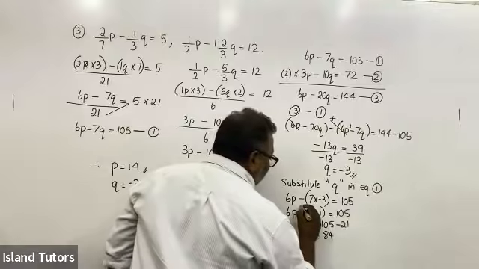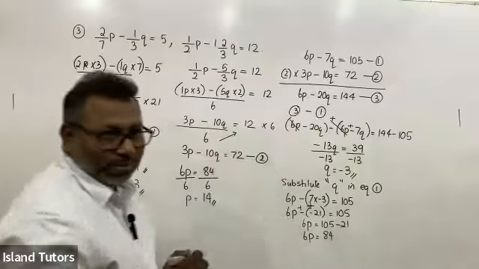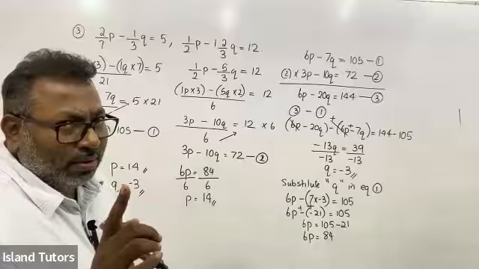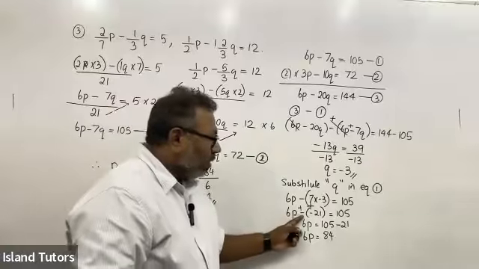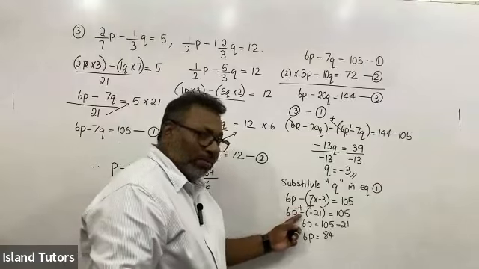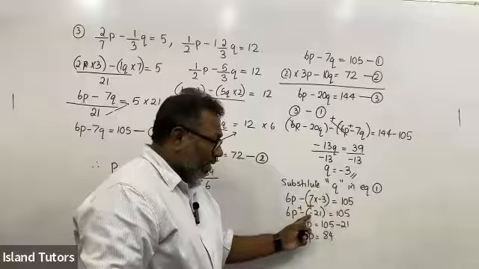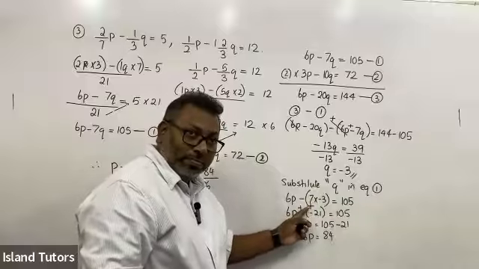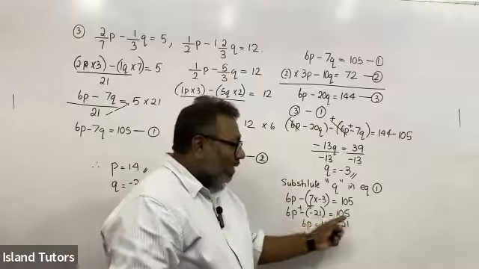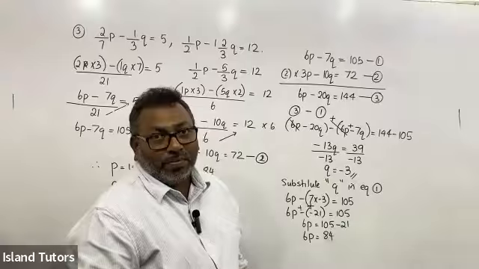So minus becomes plus, this also becomes plus. When you do subtraction of directed numbers, plus becomes minus, minus becomes plus, minus 21 becomes plus 21. So the plus 21, when you move it to this side, becomes minus 21. Directed numbers.